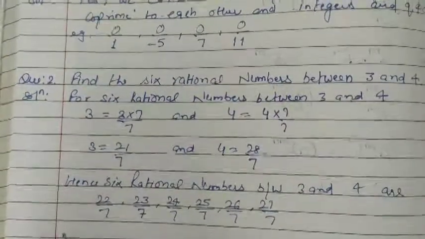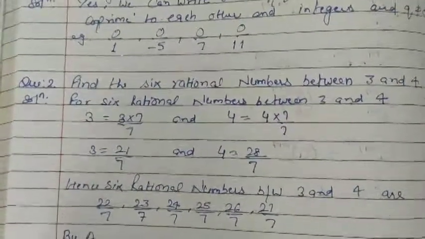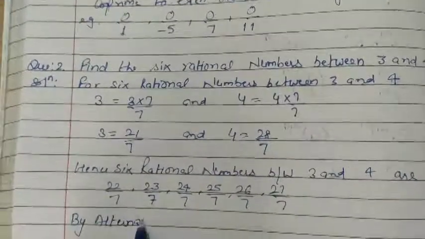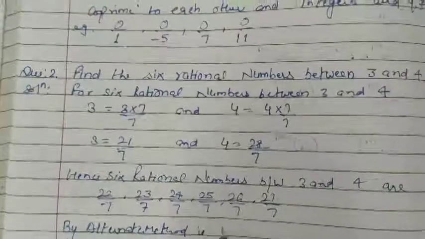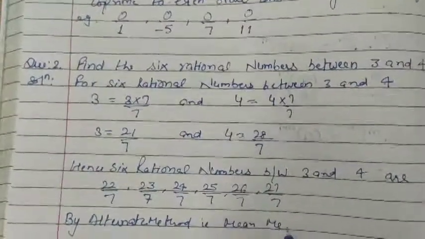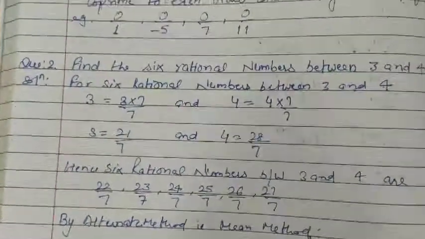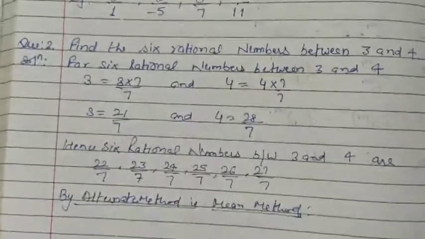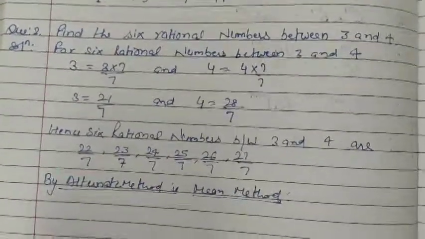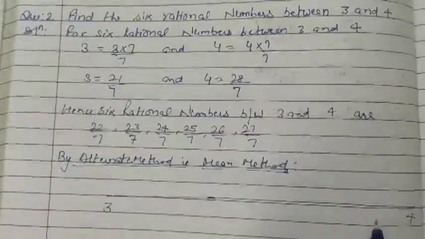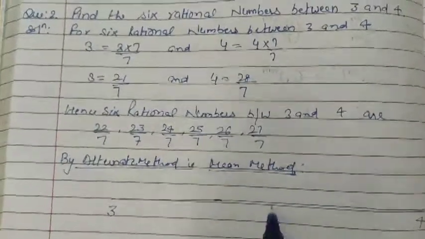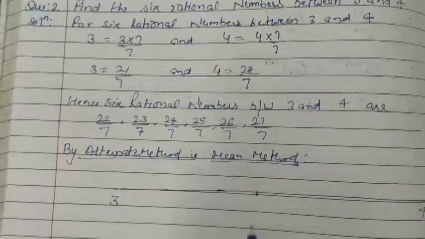So by the alternate method, that is the mean method, we can also find the rational numbers between the given rational numbers. So we have the numbers 3 and 4, and by using the mean method we will find the first rational number between 3 and 4.